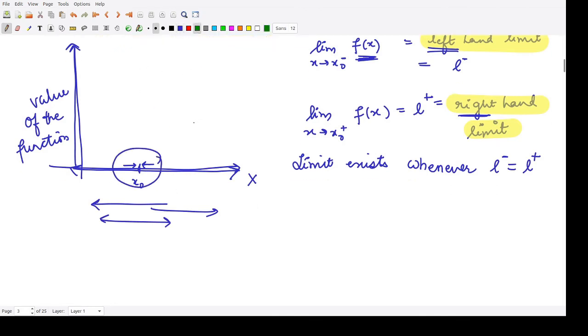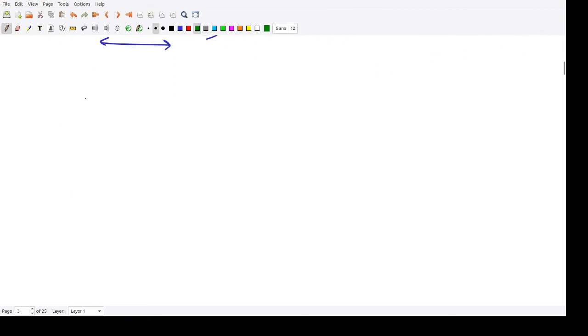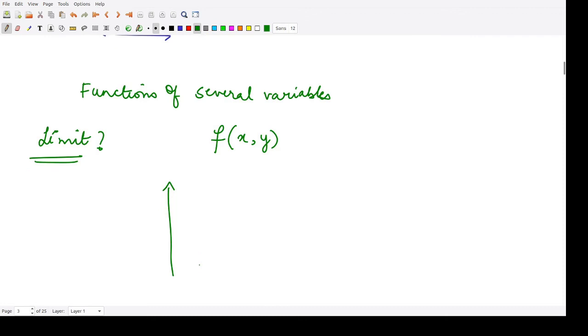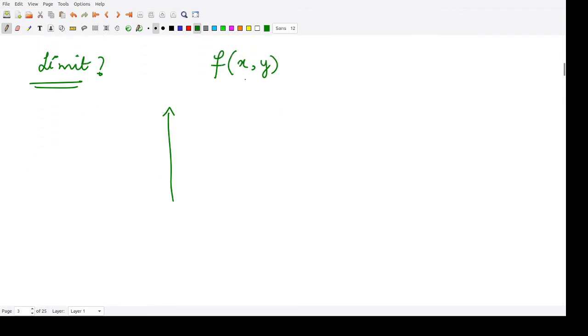So now you consider the case of functions of several variables. In this case, what would be the limit? So now we have some function f of, say, x comma y. That means I am talking about a function of two variables now. So how would this be defined? We have two independent variables x and y.